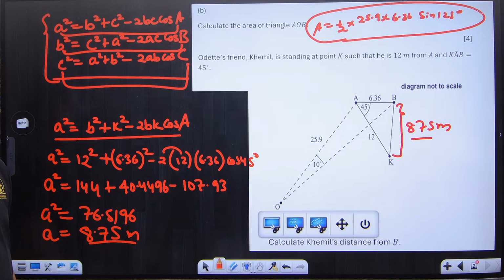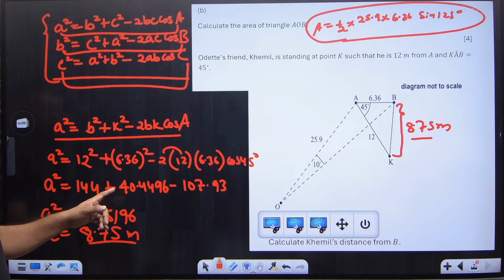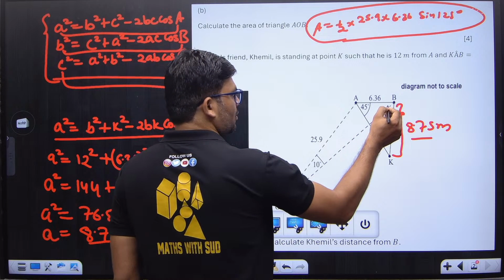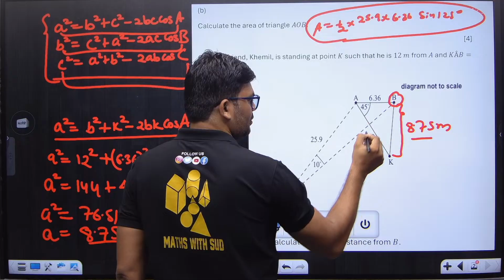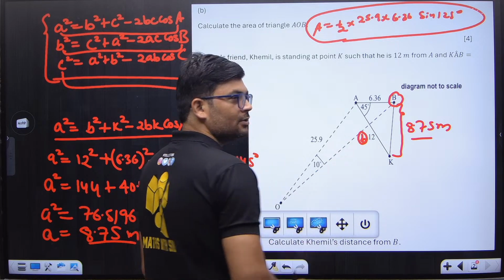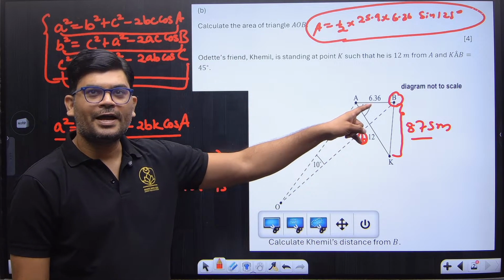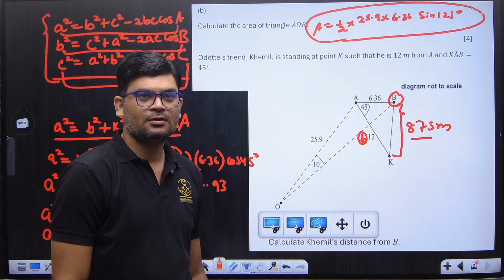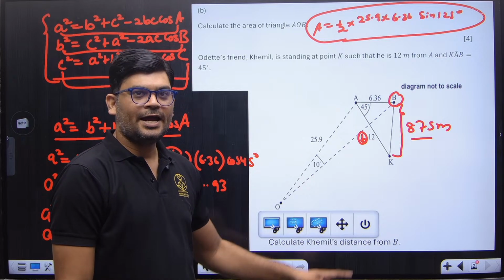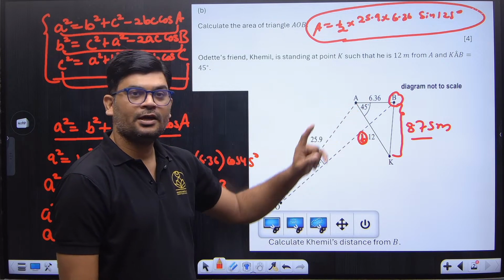I don't understand how b squared is 12. You don't understand why b square is 12 square? See this angle, the side in front of angle B is small b. The side in front of angle C is small c.